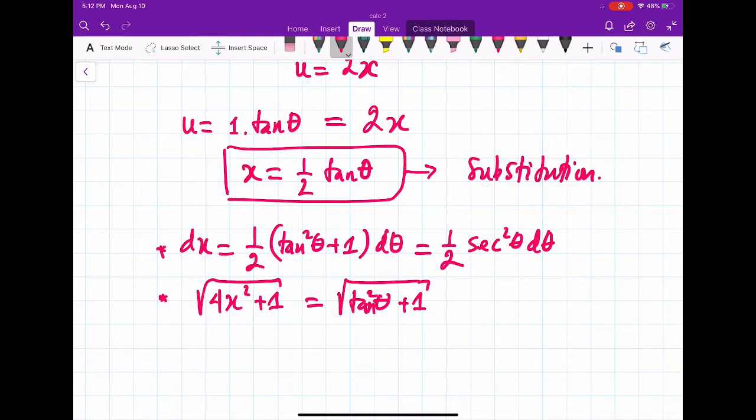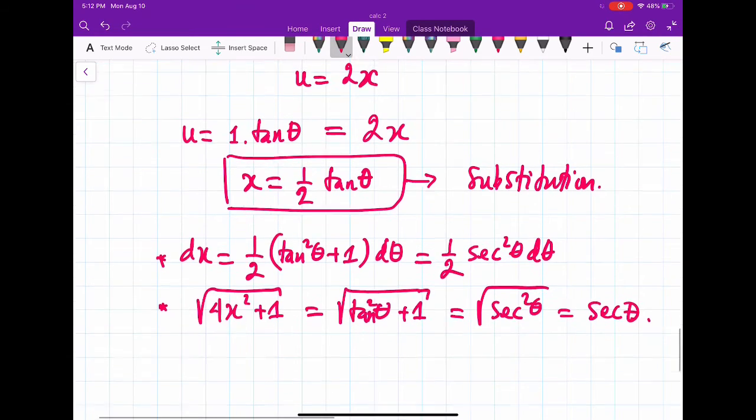Because 1 over 2, when you apply square to the x, you have 1/4 tangent square. 1/4 with 4 will be cancelled out, and that is just tangent of theta. Agree? Oh no, I don't think so. I think secant square of theta. A square root of secant square of theta, so that is just secant of theta.